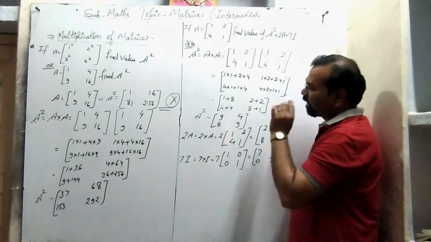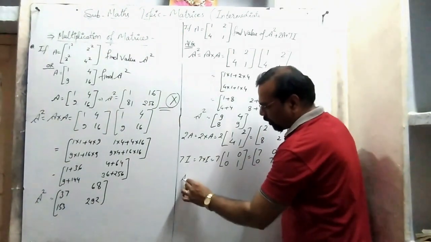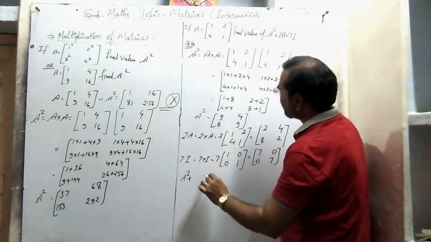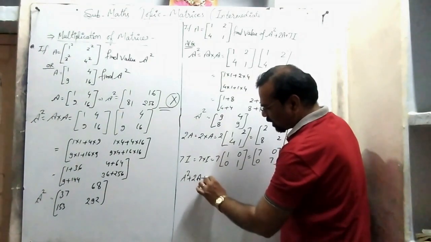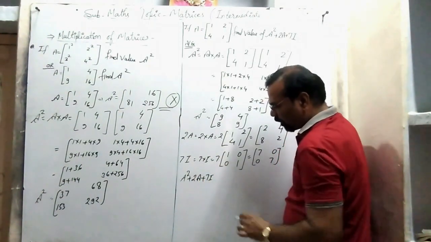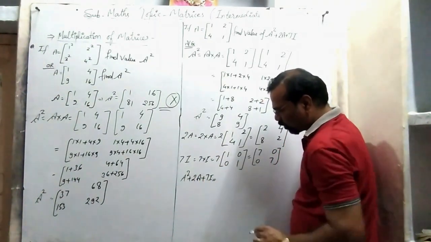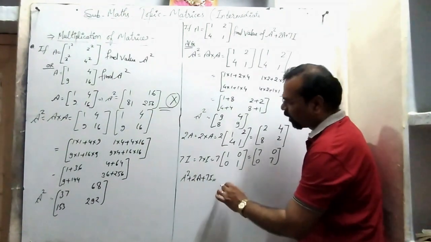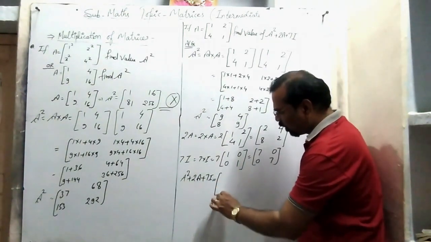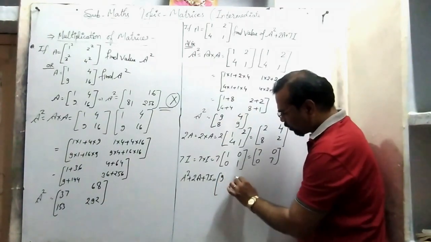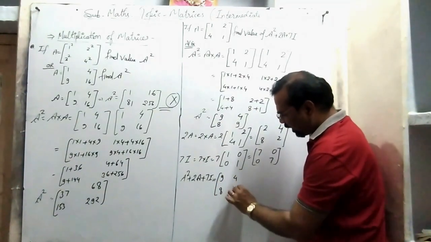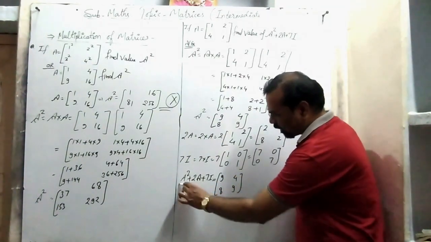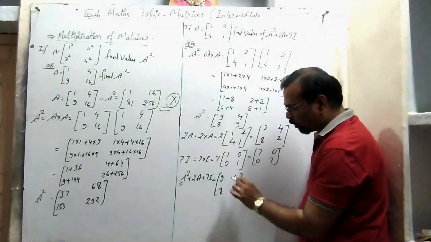Okay, now what is the question? You can find the value of A square plus 2A plus 7I. Keeping those values in the equation: the value of A square we have found is 9 4 8 9. That is the value of A square. Again you can find the value of 2A.